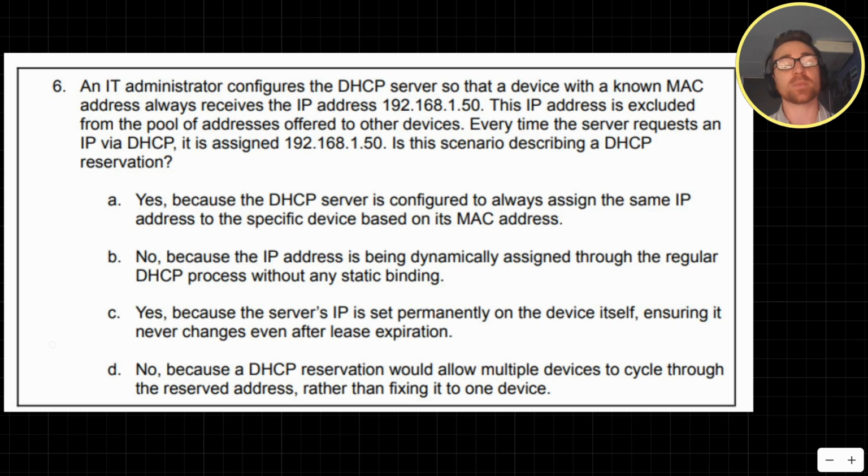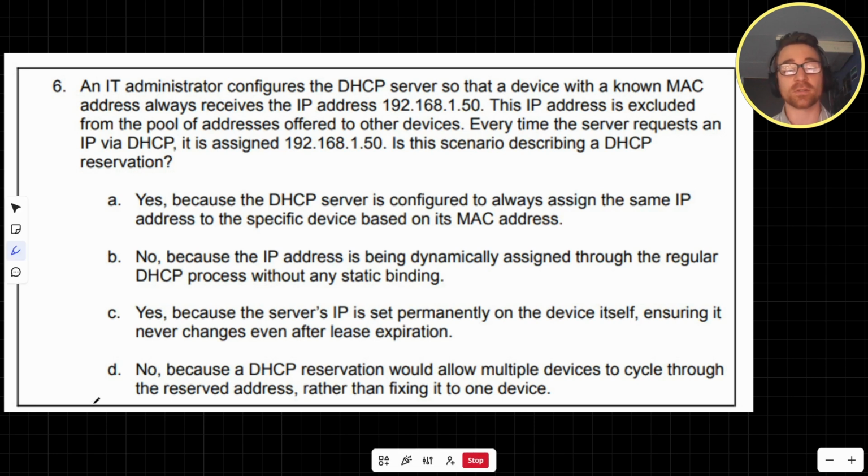A. Yes, because the DHCP server is configured to always assign the same IP address to the specific device based on its MAC address. B. No, because the IP address is being dynamically assigned through the regular DHCP process without any static binding. C. Yes, because the IP is set permanently on the device itself, ensuring it never changes even after lease expiration. Or D. No, because a DHCP reservation would allow multiple devices to cycle through the reserved address rather than fixing it to one device.